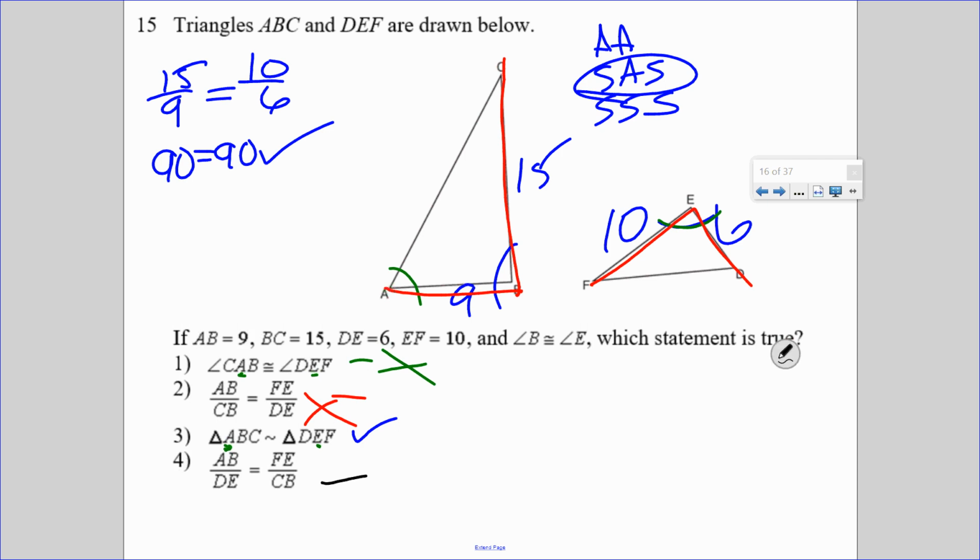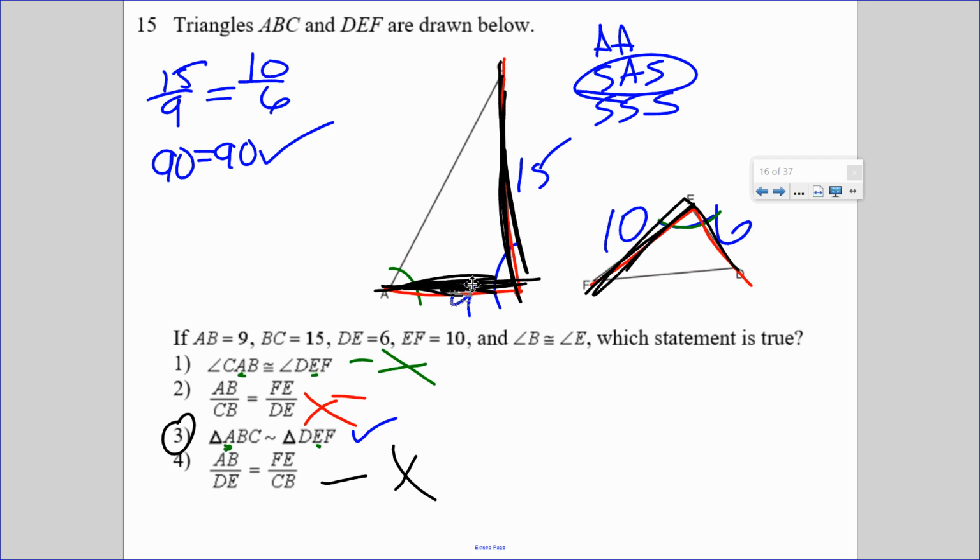AB over DE. Here's AB. Here's DE. All right, those correspond so far, little over little. FE over CB. No. If this one goes first, then this one would have to go first. This one goes first. This one goes first. Not consistent. Not true. Choice 3 is the only one that's true.